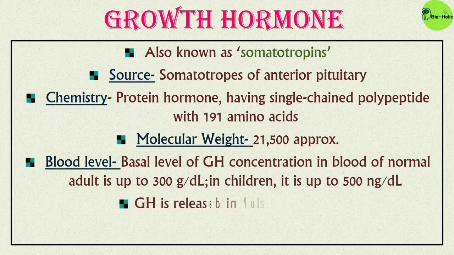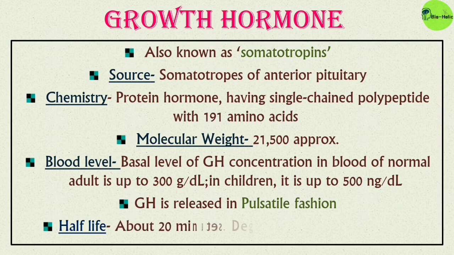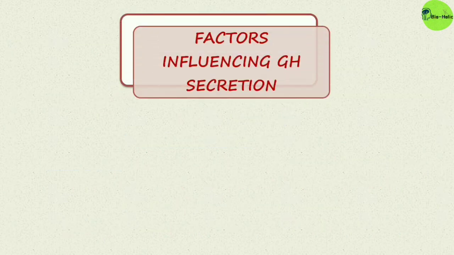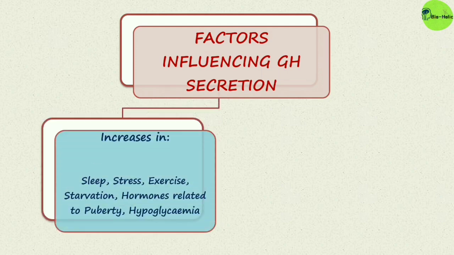And growth hormone is released in pulsatile fashion. The half-life of growth hormone is about 20 minutes, and after that it is degraded by liver and kidney. Now some factors that influence growth hormone secretion. Growth hormone secretion increases during sleeping, during exposure to stress or exercise, starvation.